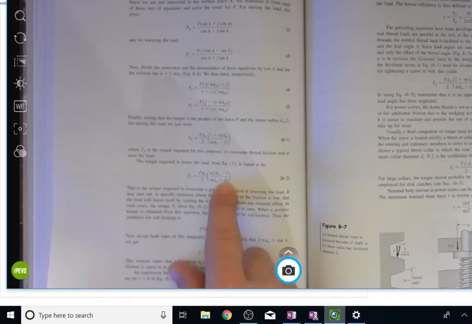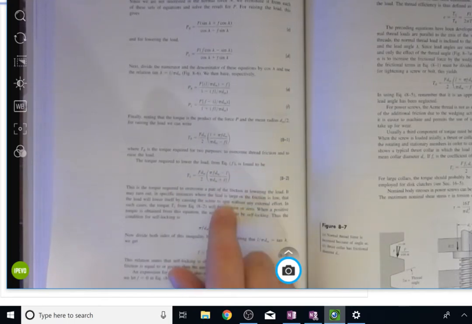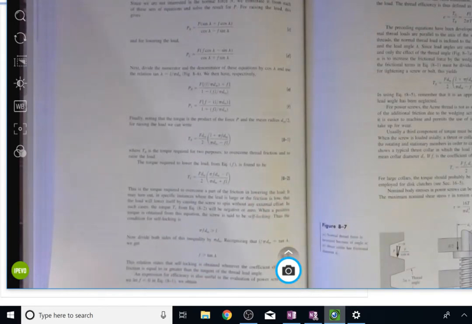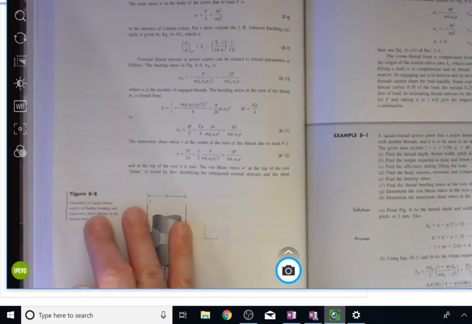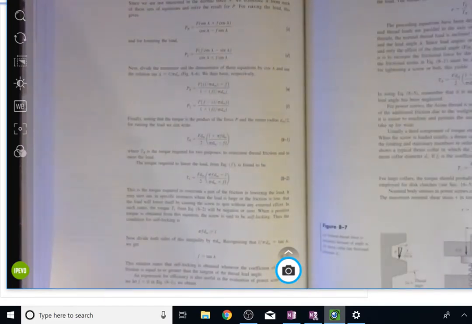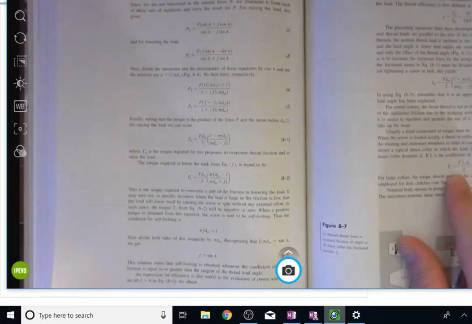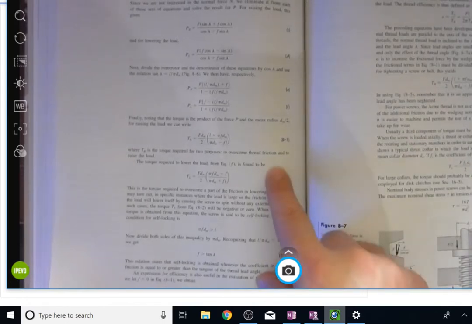These formulas are incorrect, even by the book's definitions, because of the collar, right here. Because of equation 8.6, if you have collar friction, you have to add that into 8.1 and 8.2.